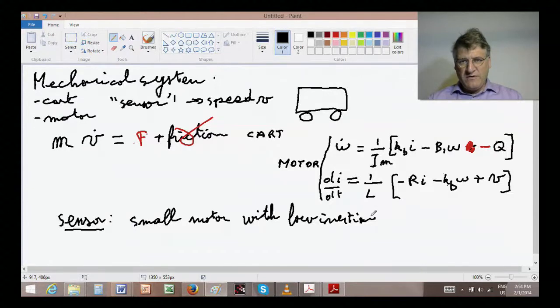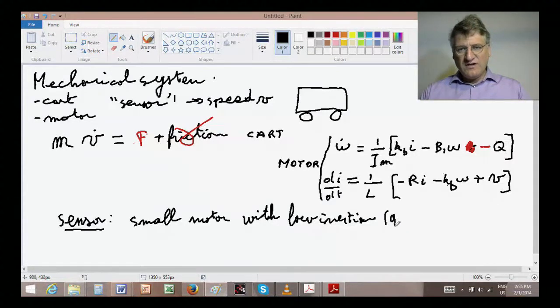We will assume that this motor directly measures voltages, and it is used therefore as a generator.